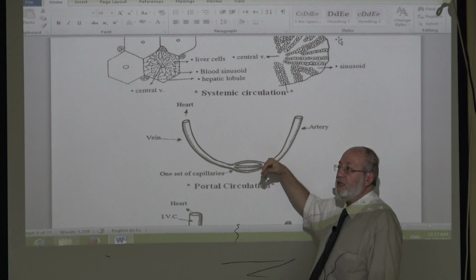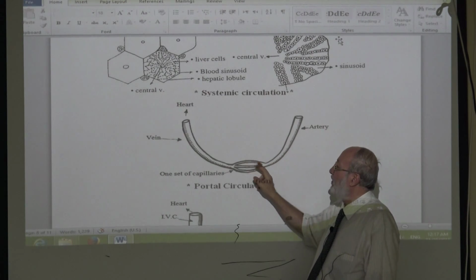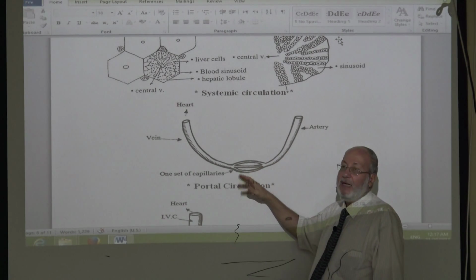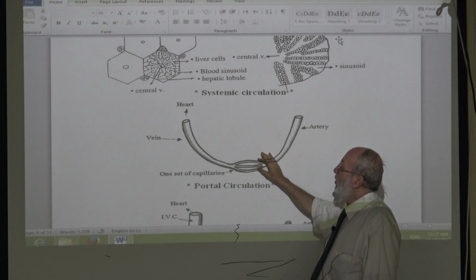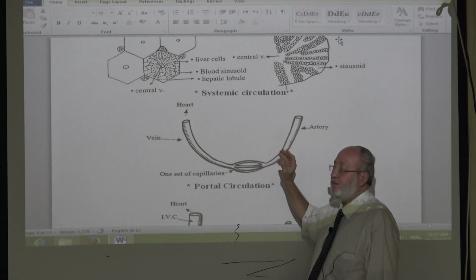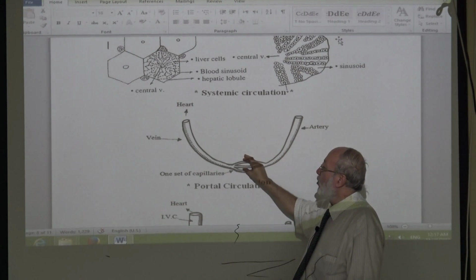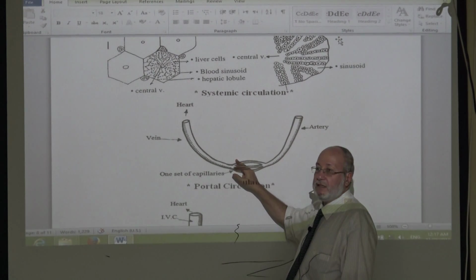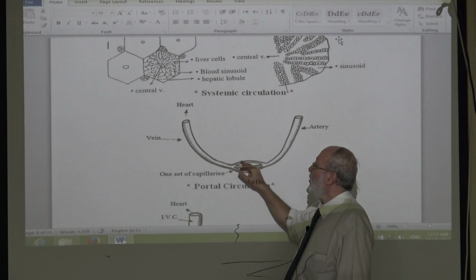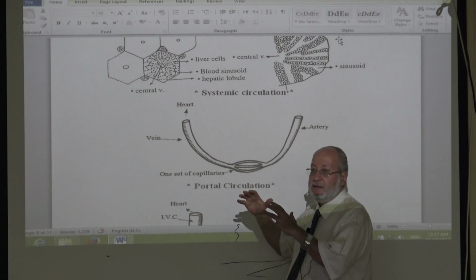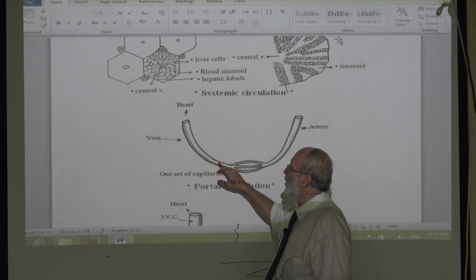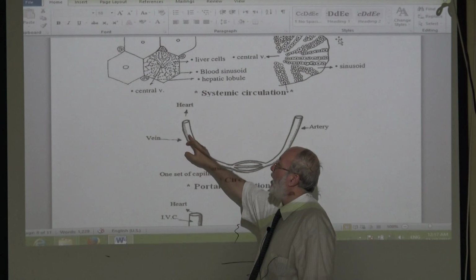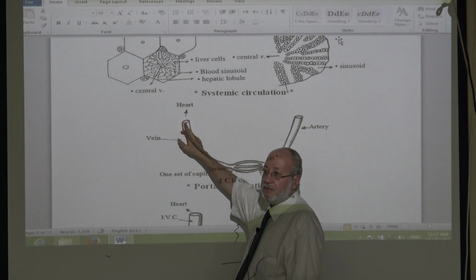In the organ or the structure or viscera, the artery divides into capillaries. From the capillaries, blood is collected in tributaries of veins. Tributaries are collected into larger veins.